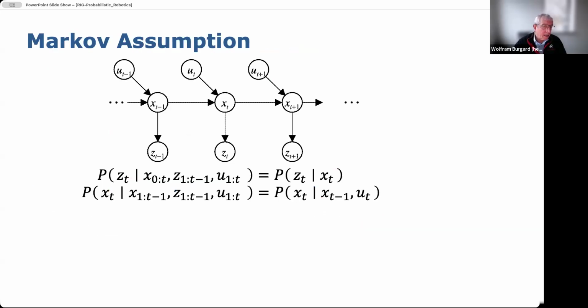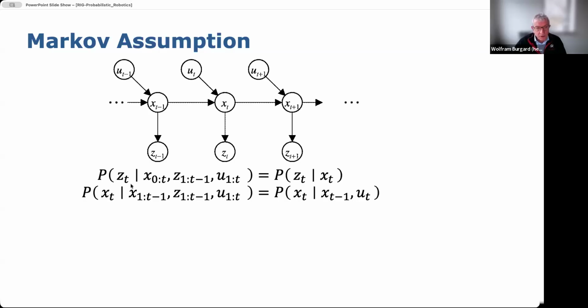A few more independence assumptions that, for those of you who know about Bayes networks, are pretty common. This is one that we will see being applied in a few seconds. Given a measurement ZT, we want to know the probability of ZT given all the states the system was in thus far, from 0 to t, all the previous measurements and all the controls.